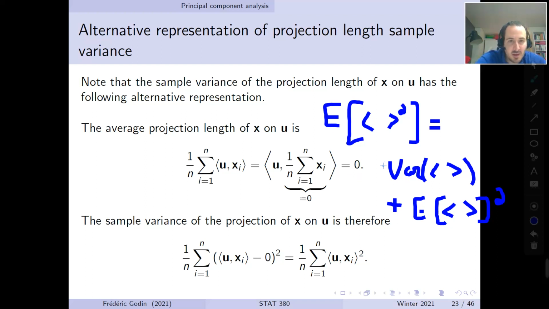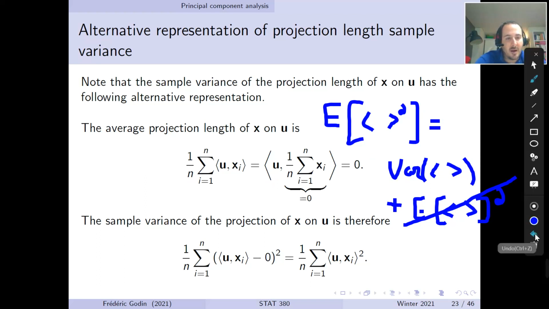Sorry, I use expectation and variance here, which may be a bit ambiguous, but please understand these as expectation using your empirical distribution or your data distribution. So this disappears. The problem we discussed earlier of maximizing the average squared projection is, using this relationship, equivalent to maximizing the variance of the projection length. This justifies why we introduced the variance of the projection length in the previous slide.